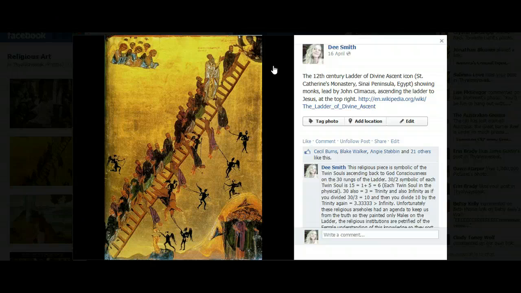This is what is represented by Jesus when we see him depicted near the sun. We also need to understand that Jesus is both the ethereal and the physical attributes of the divine male twin soul.